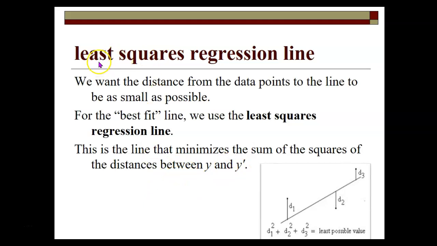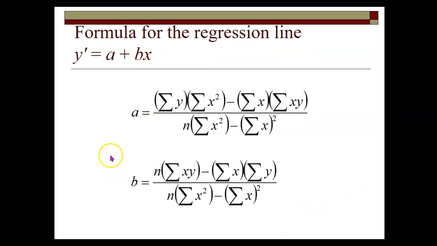So that is called the least squares regression line. You don't have to really worry about that, but that's the idea behind what makes this line what it is. It's how this line is defined. And here's the formula for the two numbers that make up that line, the a and the b.